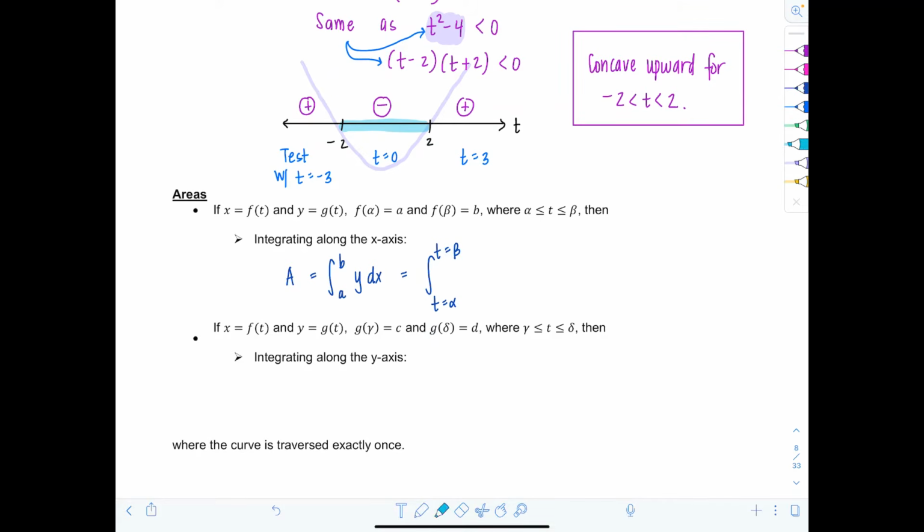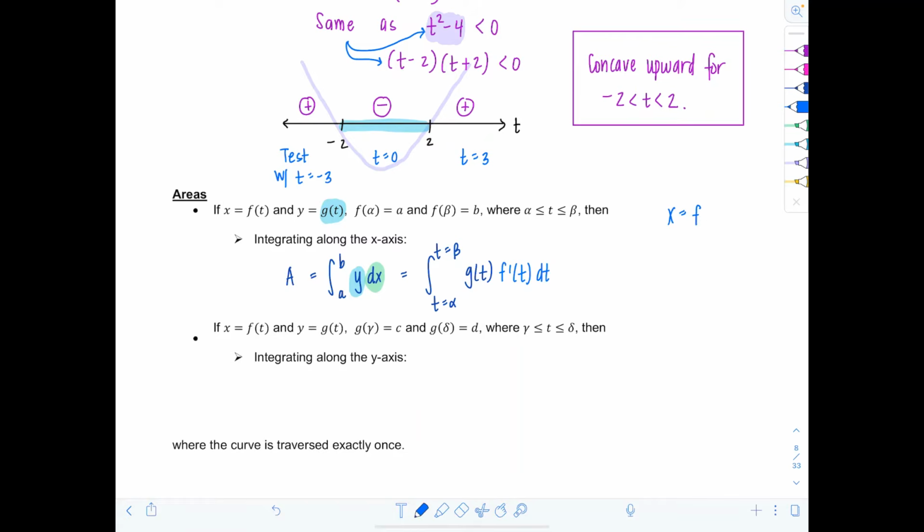Y, I'm going to replace y with g of t. And then dx, look at dx. What would dx be? Well, since x is f of t, dx is f prime of t dt, right?